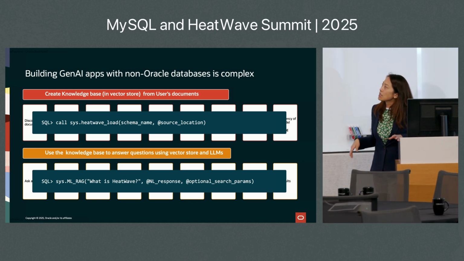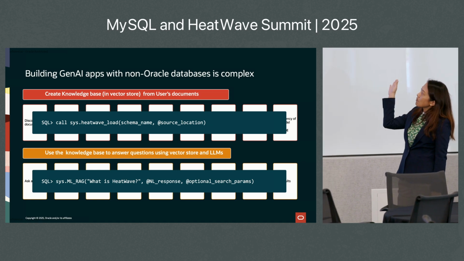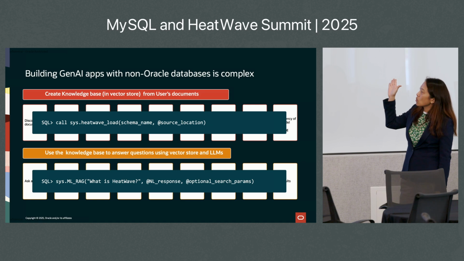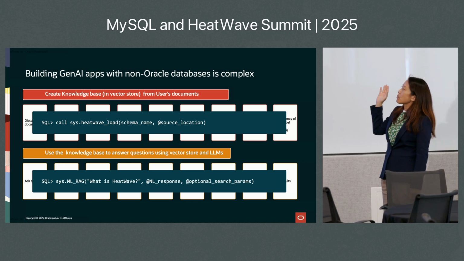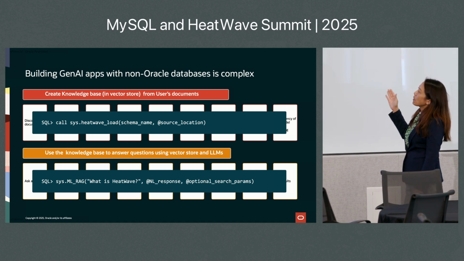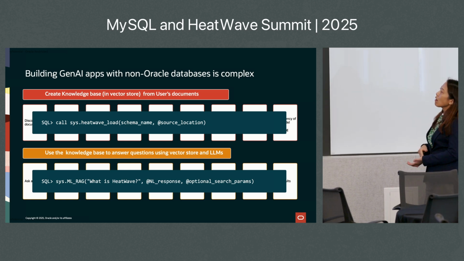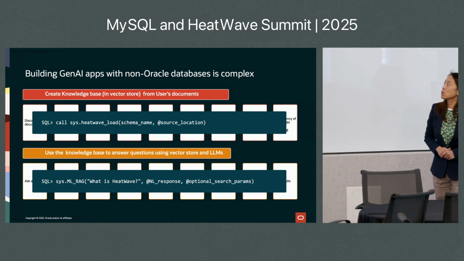As you can see here, creating the vector store typically takes a lot of steps, and with HeatWave, it's only one single SQL command. Similarly, for calling RAG, which is basically searching, behind the scenes we do a vector search based on your question on the vector store, and then pass the relevant information along with the question to the LLM. We do it all behind the scenes for you, so all you need to do is call a single SQL command as well.